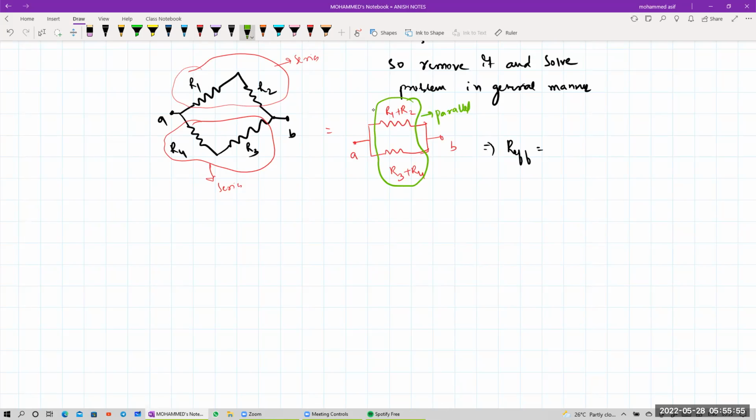So 1 by R effective will be equal to 1 by (R1 plus R2) plus 1 by (R3 plus R4). Now we can simplify this to get the value of R effective. Any doubt?